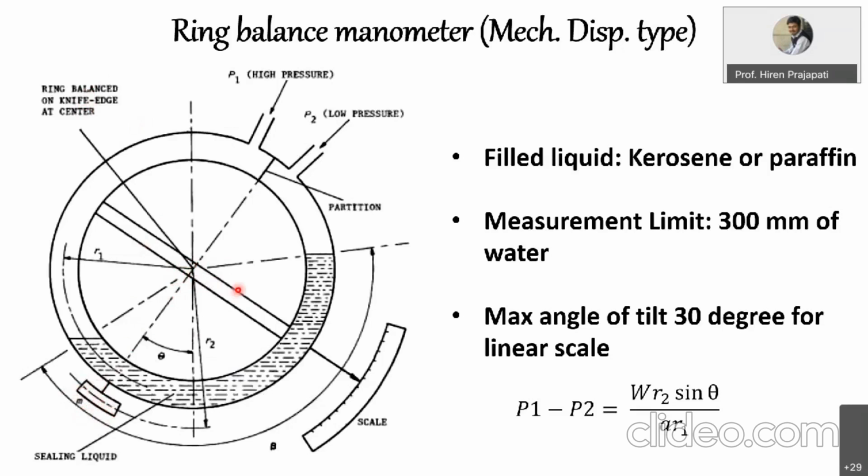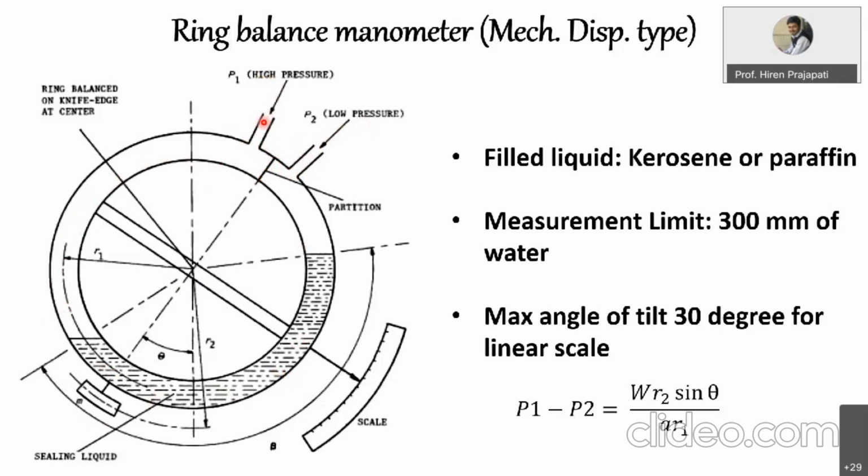If pressure is not applied, because this circular tube has a partition at this position, otherwise the entire tube is connected, but it is sealed at this portion, and we have two openings. One can be open to atmosphere, which is called the low pressure side, and the high pressure side is connected to your application where you want to measure pressure, right?